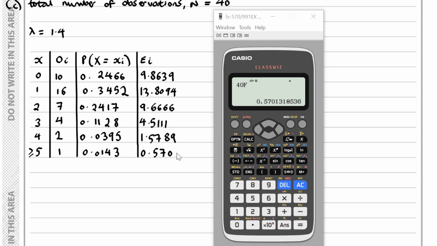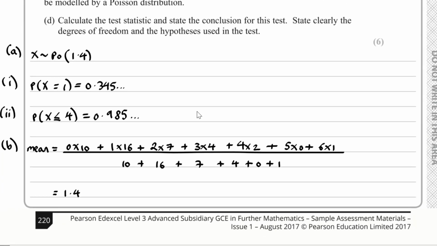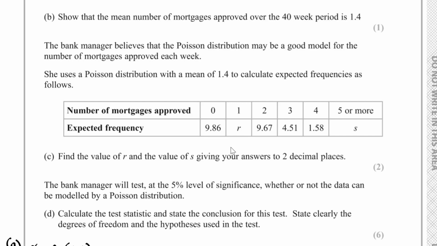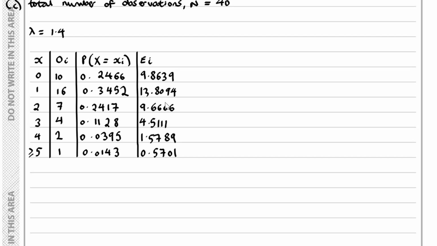Okay, so in conclusion, what you can hopefully see then is we have to state the value of R and S. So R is equal to what we have over here, the 13.81. So R is equal to 13.81 and S is equal to 0.57, both to 2 decimal places. Okay, so that's that done.